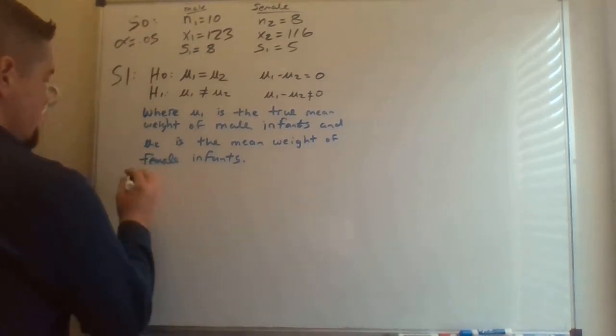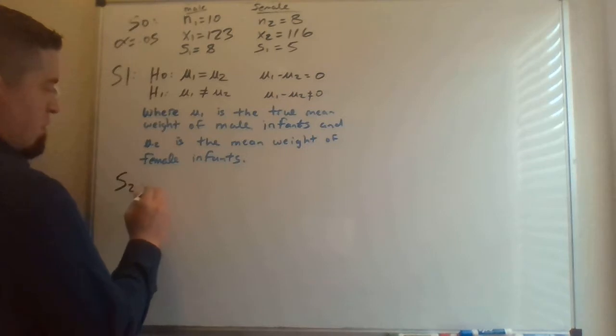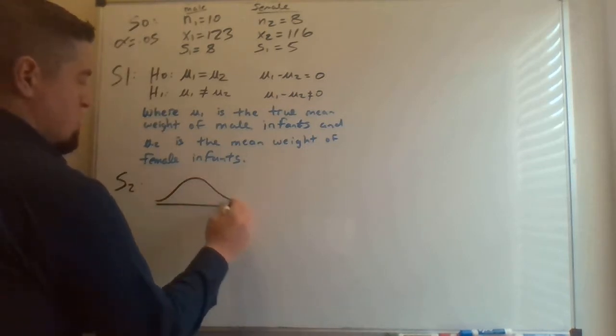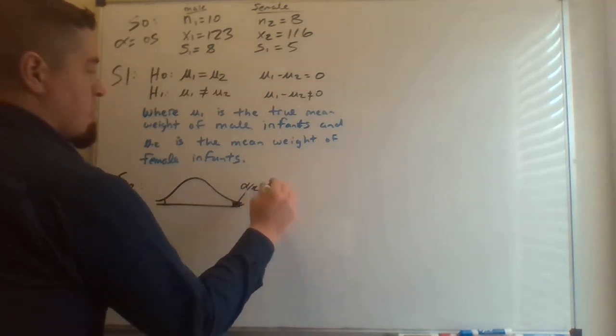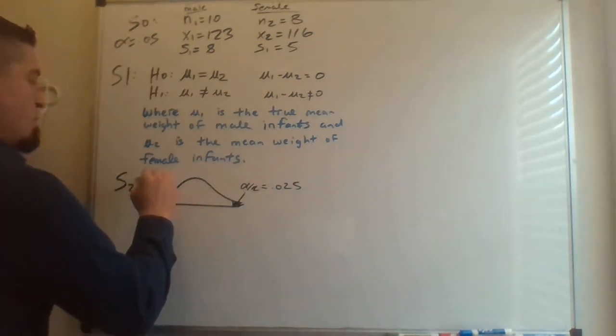Okay, so step 2, to find the critical values, like we said, we know it's a two-tailed test, so alpha on both sides. I would need to do alpha over 2, which is 0.025.